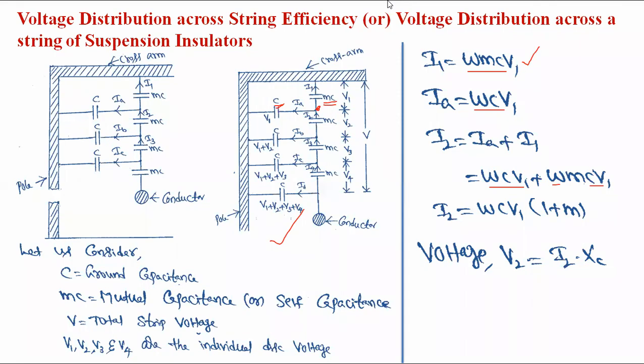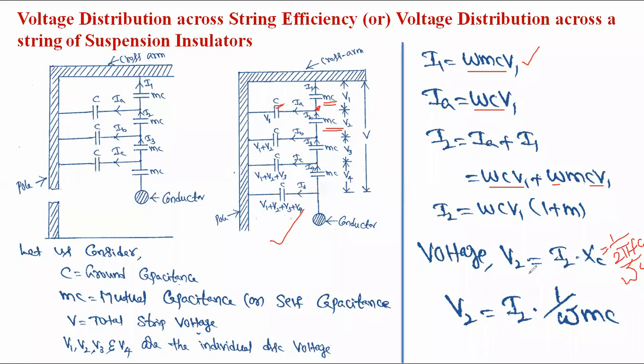So the voltage V2 equals the current I2 across the capacitive reactance XC. Already we know that XC is 1 by 2 pi FC. What is 2 pi F? That is omega, so XC is 1 by omega C. But here the capacitance we consider is the self capacitance or mutual capacitance.